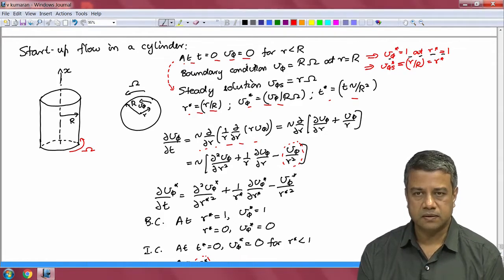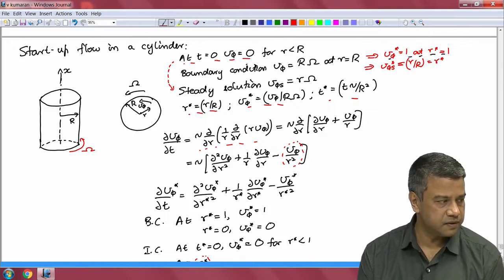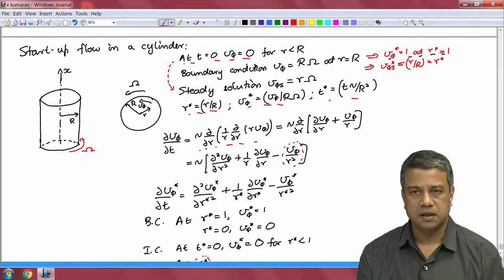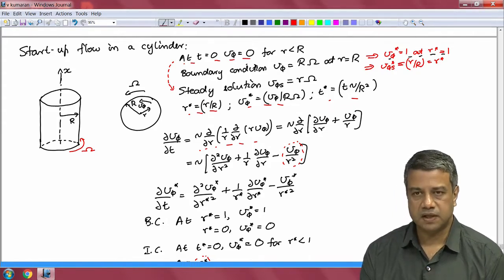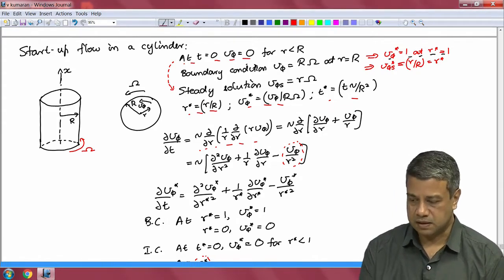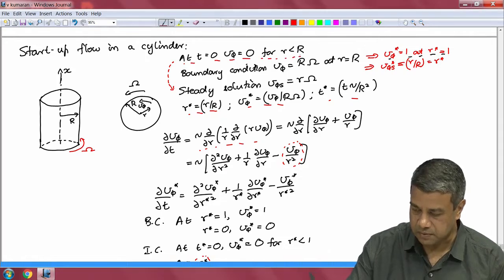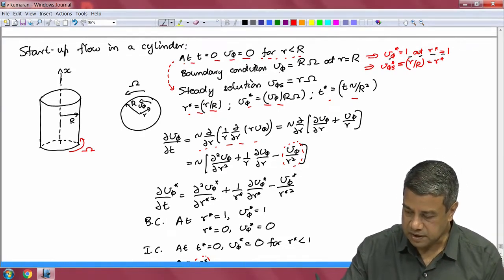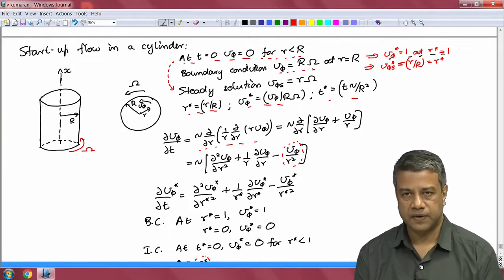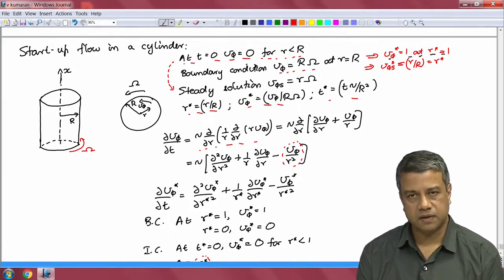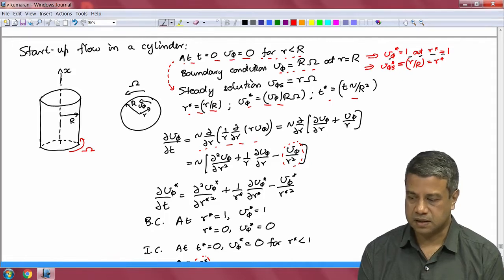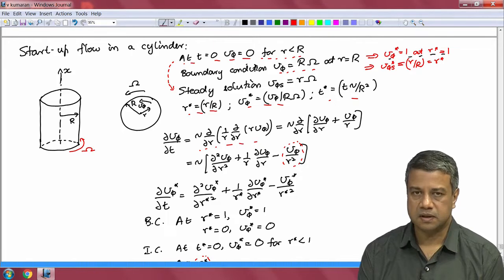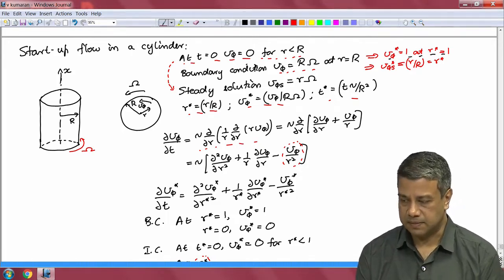Initially at t equal to 0, v phi, which is the linear velocity in the phi direction, around the axis, is equal to 0 for r less than capital R. It is equal to 0 everywhere within the cylinder, and at time t equal to 0, you are imposing an angular velocity omega at the surface of the cylinder itself. Therefore, the linear velocity there in the tangential direction is capital R times omega. And we want to know how the velocity evolves with time.